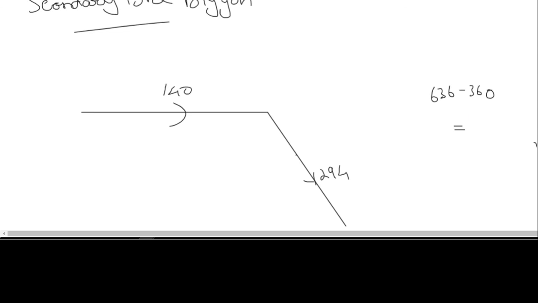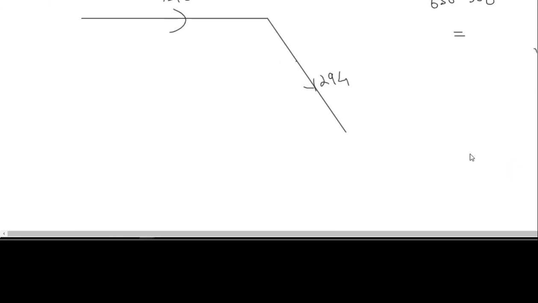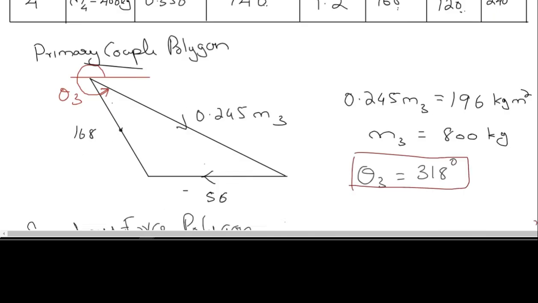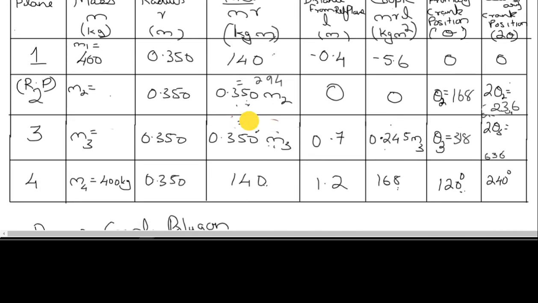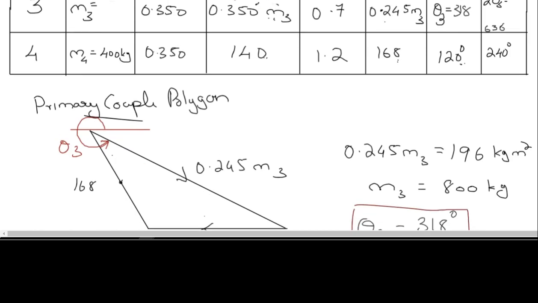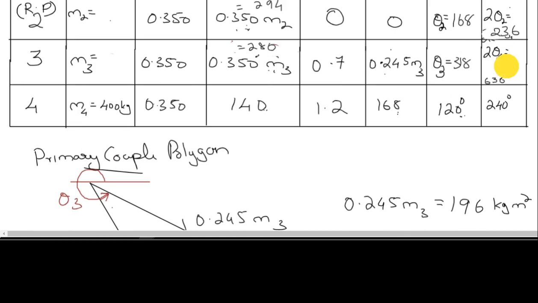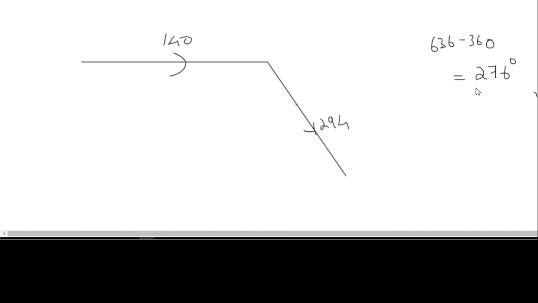So you should take that angle as 276 degree from this end, and the force we already found out using M2. If you substitute in this, you will get it as 280 kilogram meter. So 280 with the secondary angle, that is 636, drawn as 636 minus 360, so it will come at around 276.